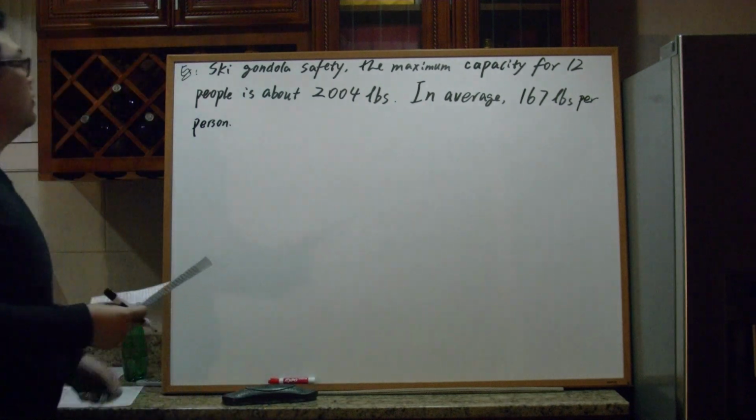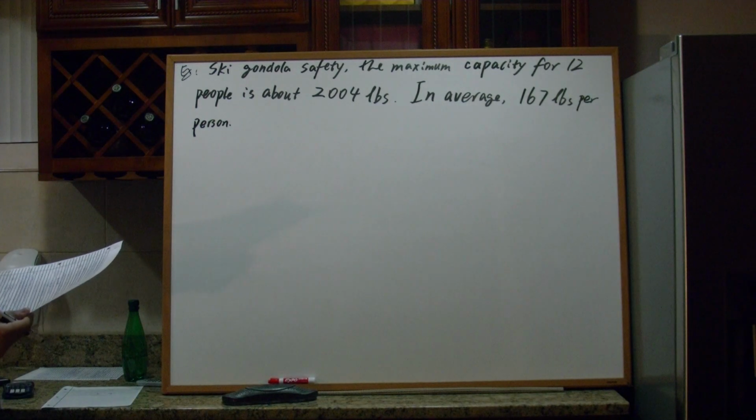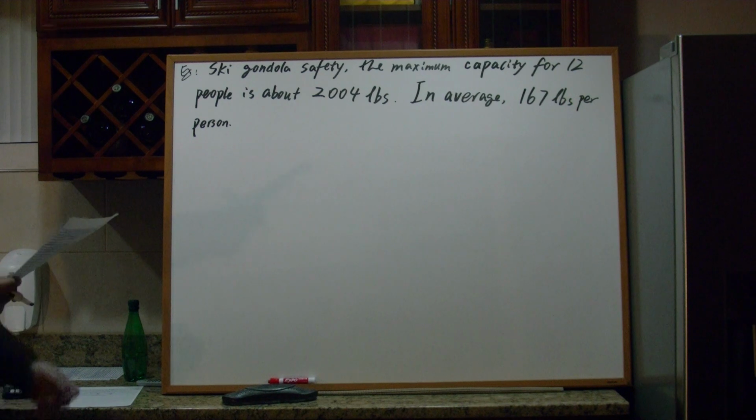Alright, is the ski gondola safe? The maximum capacity for 12 people is about 2,004 pounds, on average 167 pounds per person.